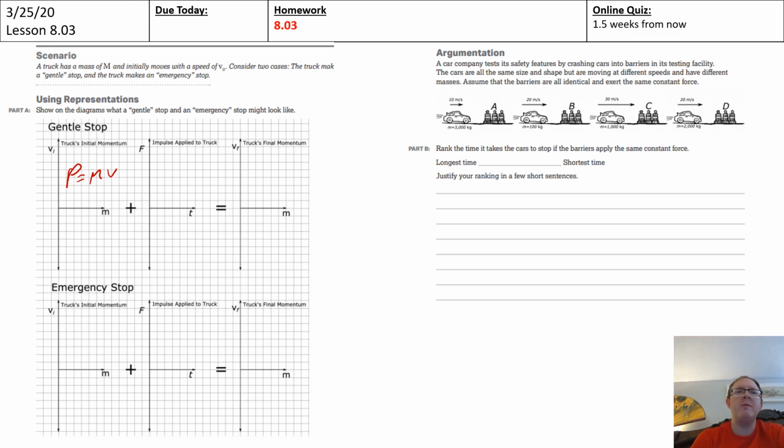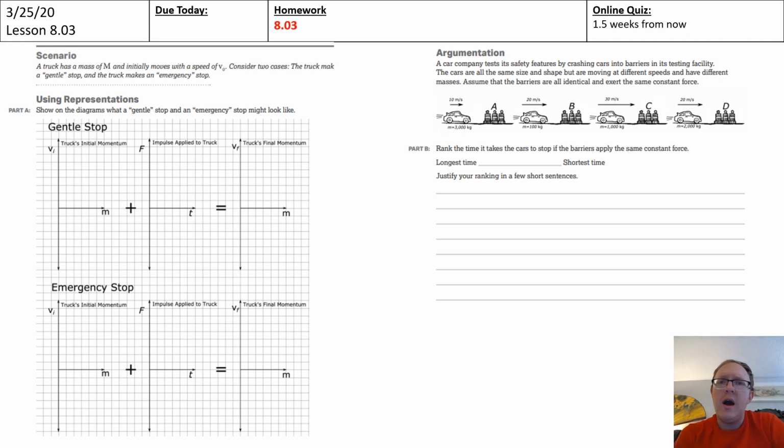So think about what the starting momentum of the truck would be, and then think about the impulse that would happen during a gentle stop and an emergency stop. The final momentum for both of these is going to be zero. That's the idea, that it should be coming to a rest in these. But these should be graphs. It's kind of an interesting question. Just give it a try, and then we'll go over the answers.